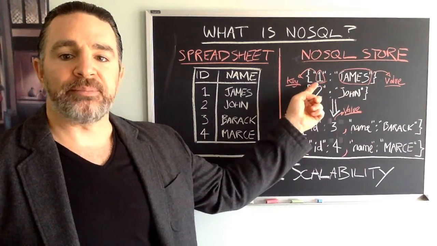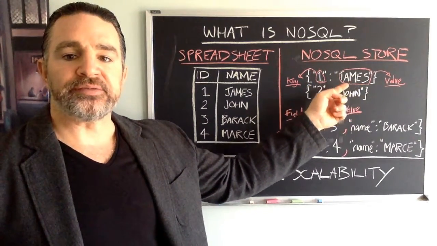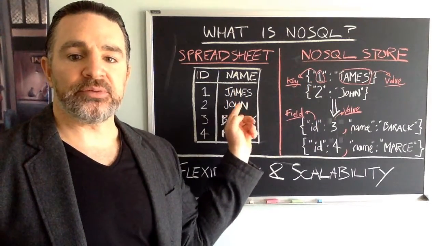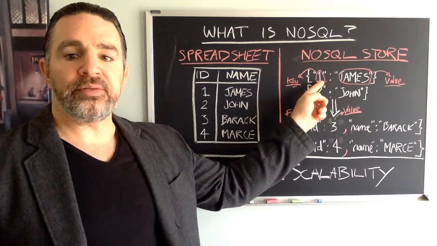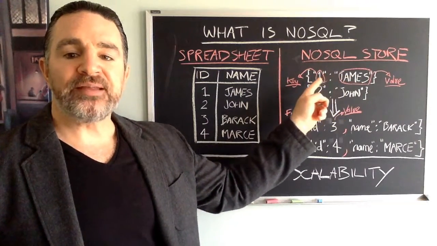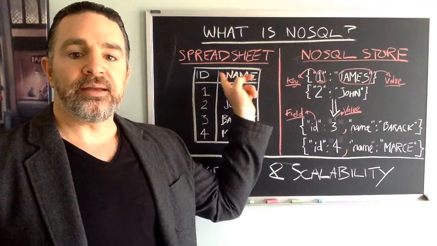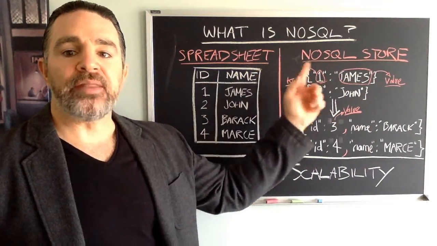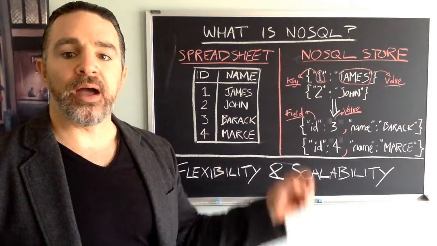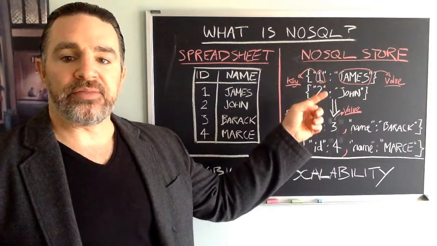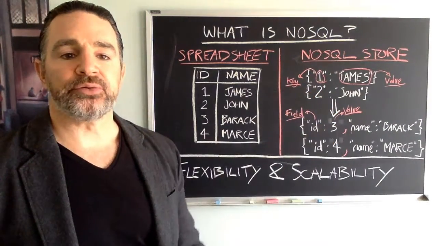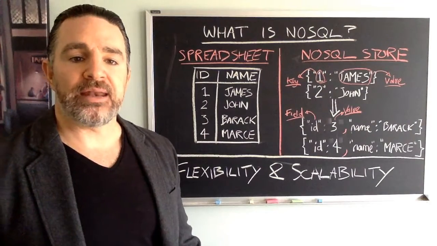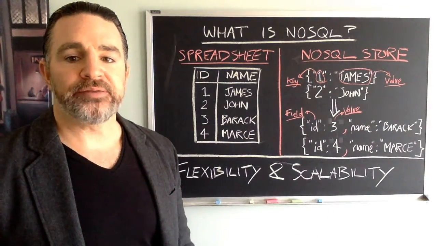The other thing you'll notice about this key value store is that although I have replicated this data, number 1 is James, number 2 is John, with this key value store, there is nothing to say that this key is ID and this value is name. There is no metadata there to let us know the contents of these key value stores. So that's really a restriction of the key value style of NoSQL database.